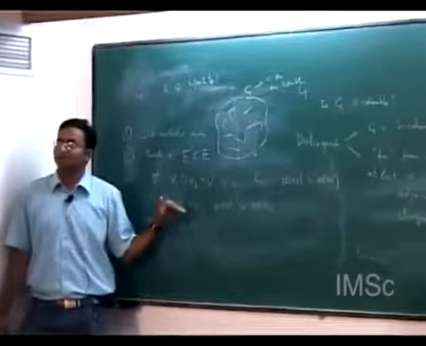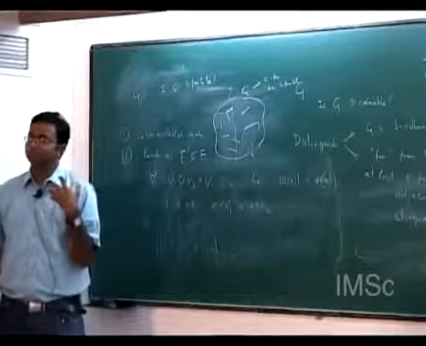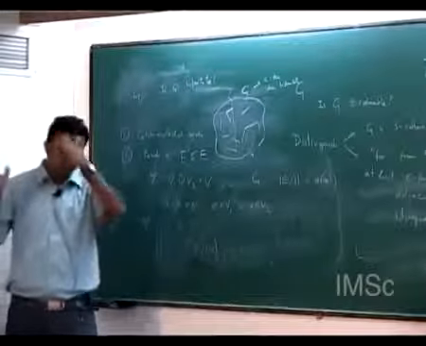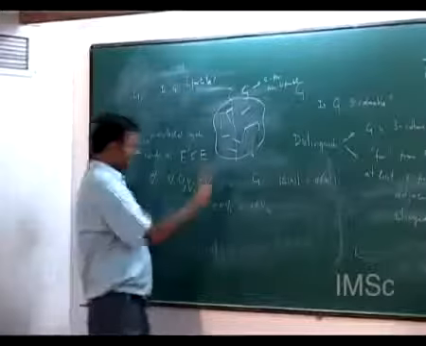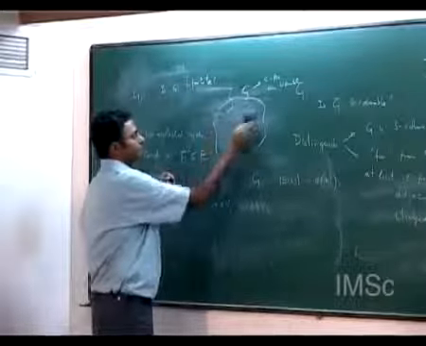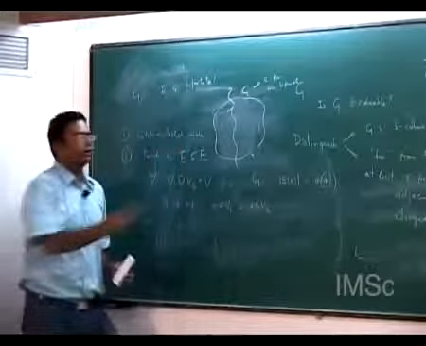Why? Say I randomly pick up some edges. I have no idea of the graph. Now here is some bipartition into V1 and V2.